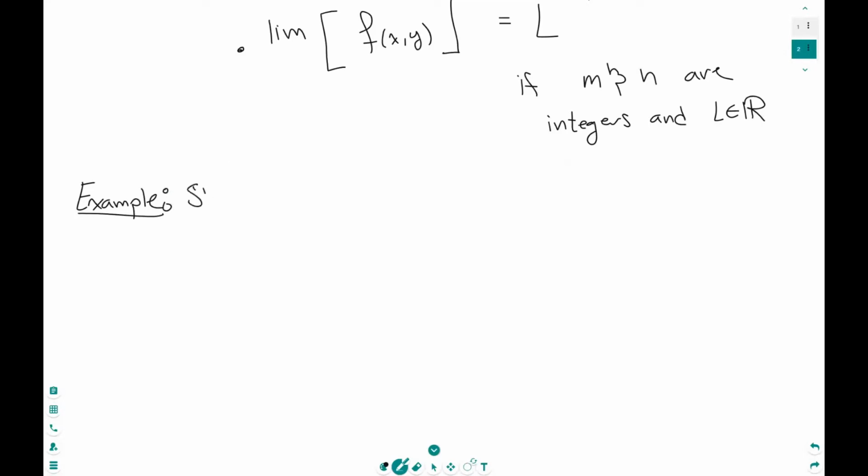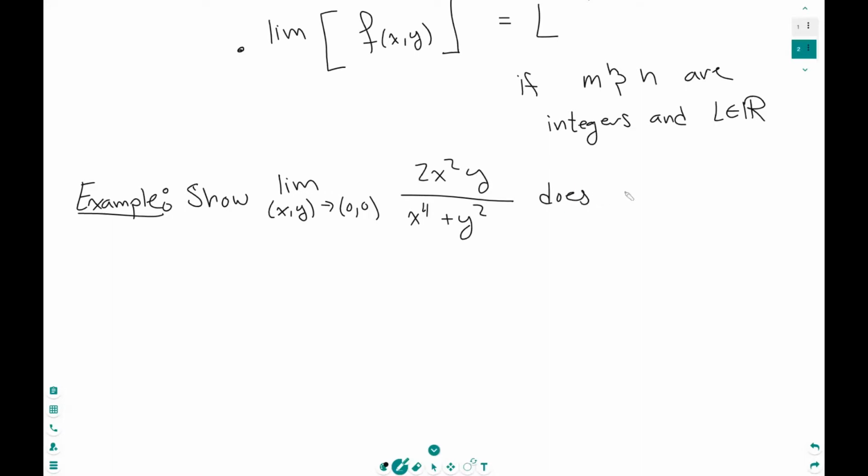This time, we're going to show the limit as x and y go to the origin of the function 2x squared times y all over x to the fourth plus y squared does not exist.